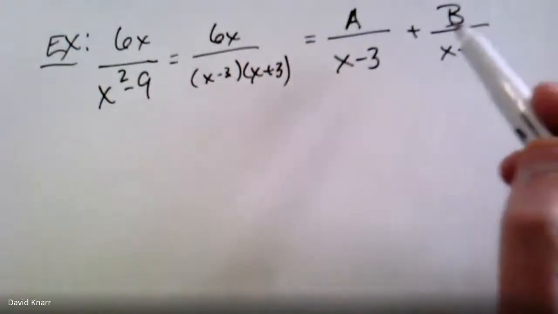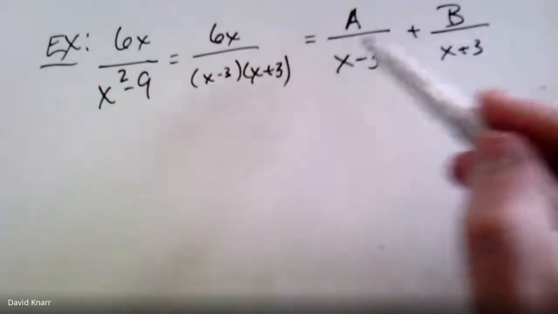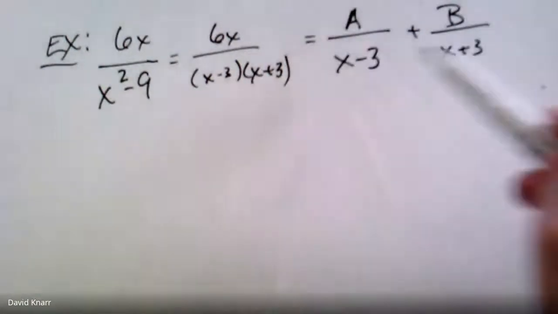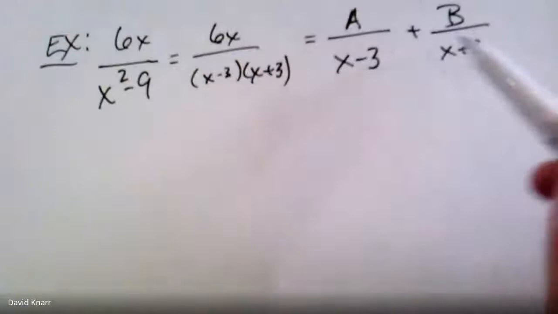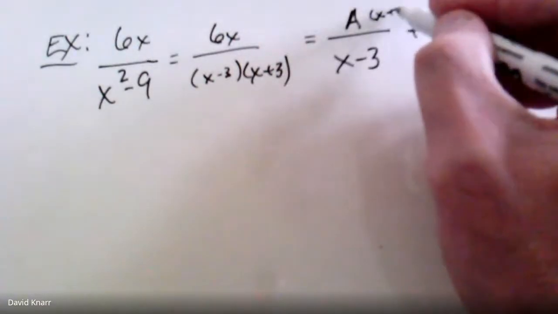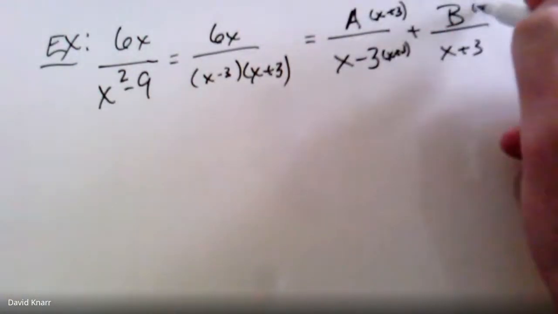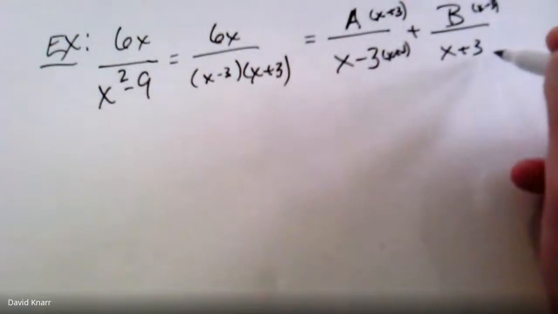Now, next step, you are going to combine your 2 fractions. Find a common denominator and put these 2 back together, with the a and the b. So this term would need an x plus 3 on top and bottom, and this term would need an x minus 3 on top and bottom.